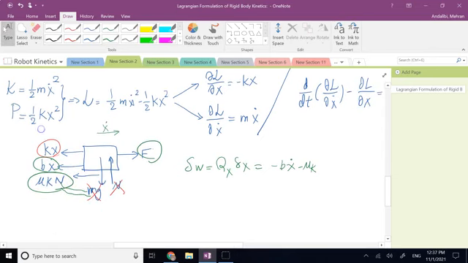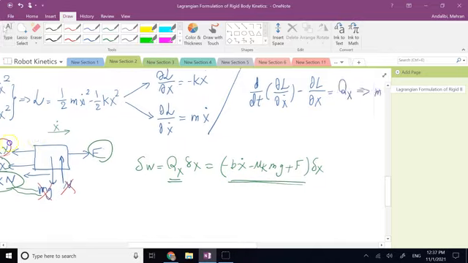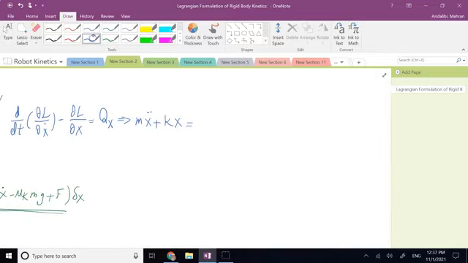So if you want, you can replace it with mg, and then positive external force F, this whole thing times the displacement delta x. So clearly your Qx is all of these forces, and we can plug them in. So it's going to be F minus Bx dot and then minus mu k mg.